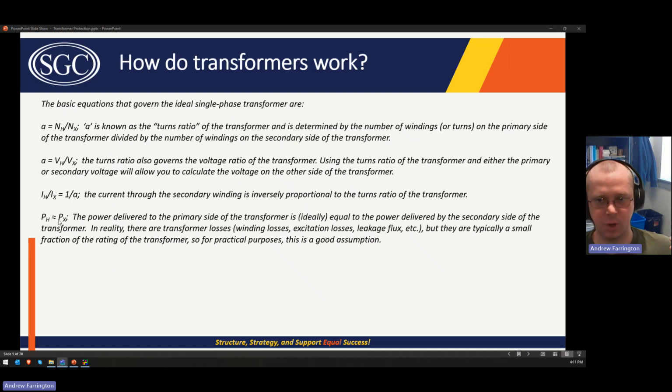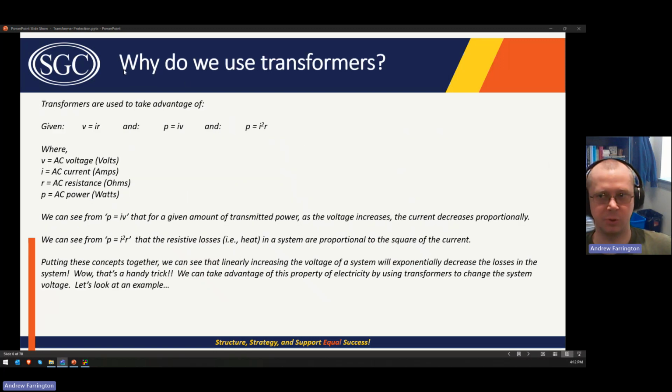Because of this last property, the power into one side of the transformer is basically equal to the power out of the other side. If you have a higher voltage on one side, you have a lower current, and the inverse on the other side. And given these basic properties of the transformer, we're going to get into why we use them.